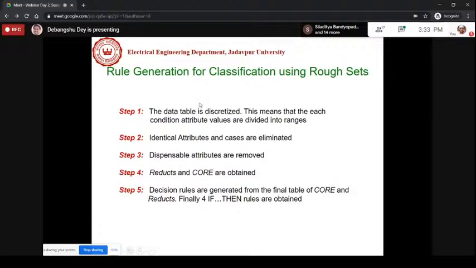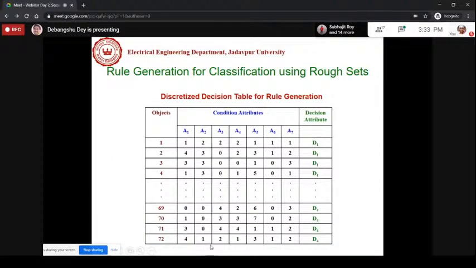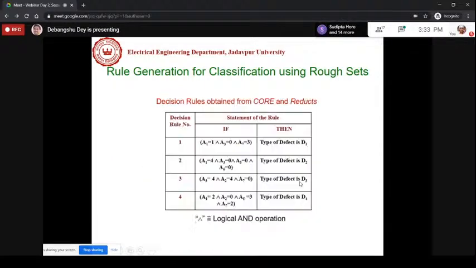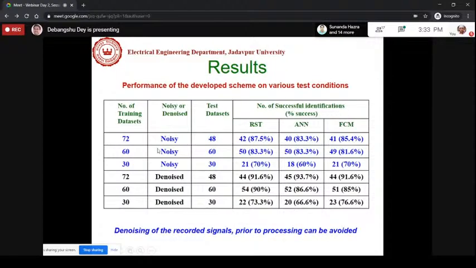Again, the same 5 steps of the rough set theory, and we can find this kind of table and generate this kind of rule base. Here I have particularly shown that even with noisy and denoised data, the performance is more or less the same. That means the cross wavelet transform has the effect of removing the effect of noise.